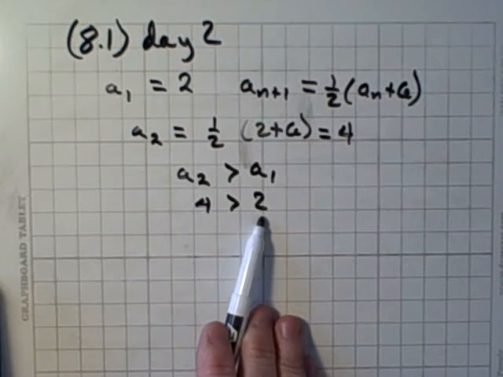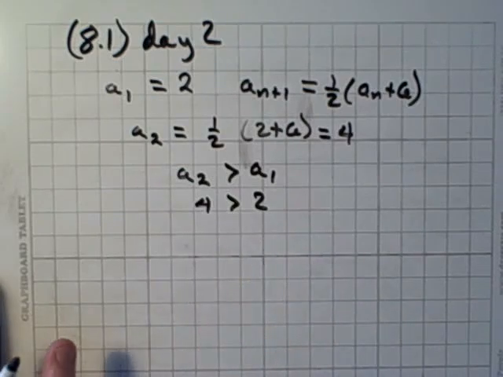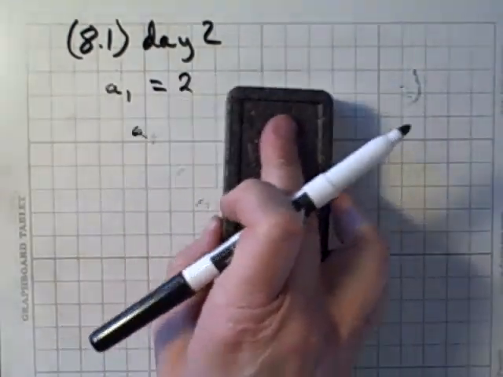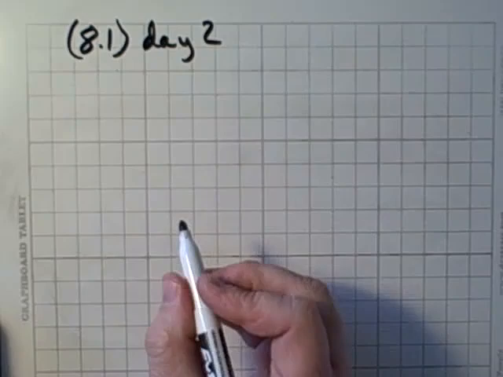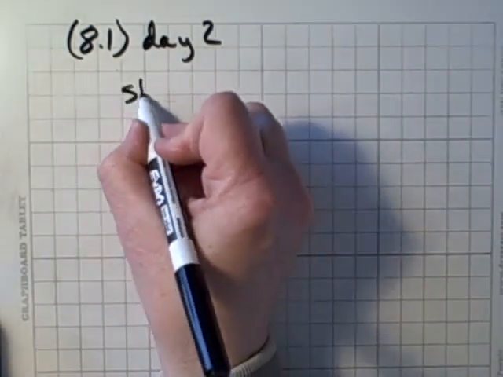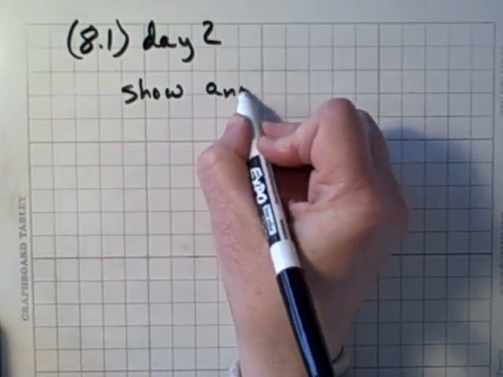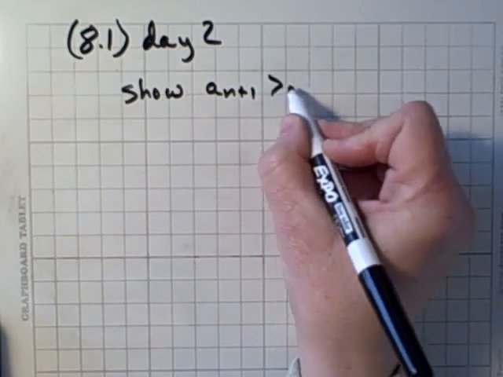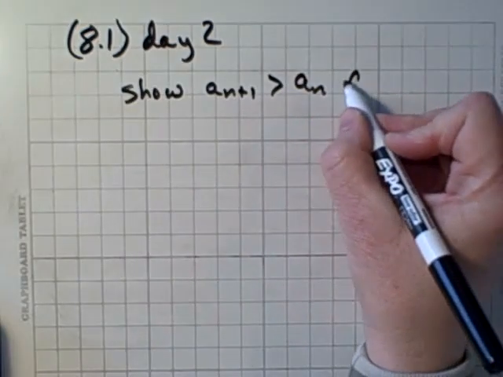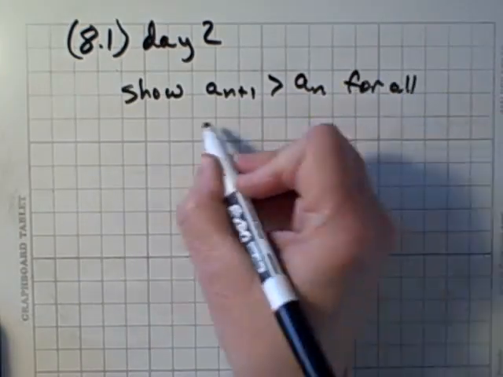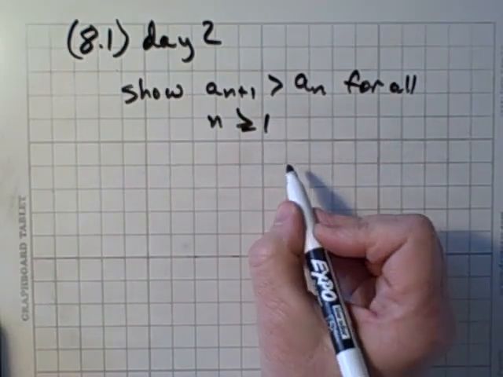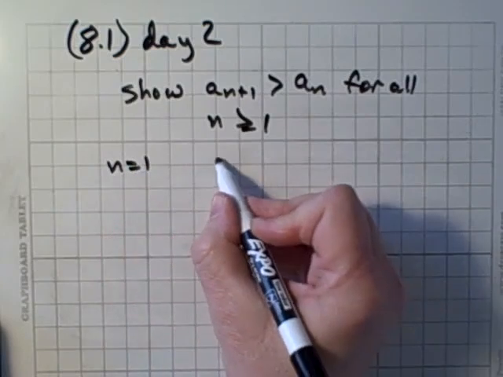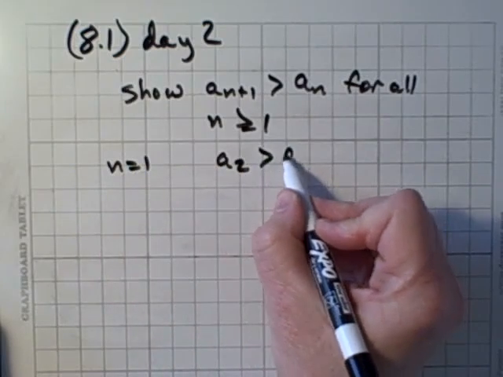Of course, this is true for the first pair of terms. How do we show that it continues to increase? Well, we need to show that the (n+1)th term is bigger than the nth term for all n greater than or equal to 1. We just showed that it was true for n equals 1, that the second term was bigger than the first term.